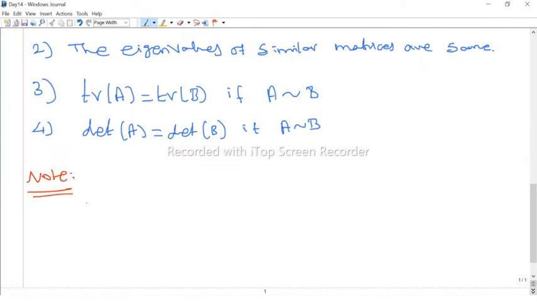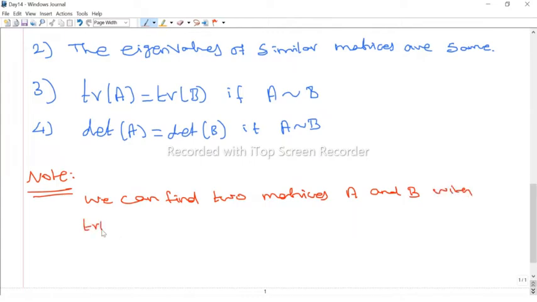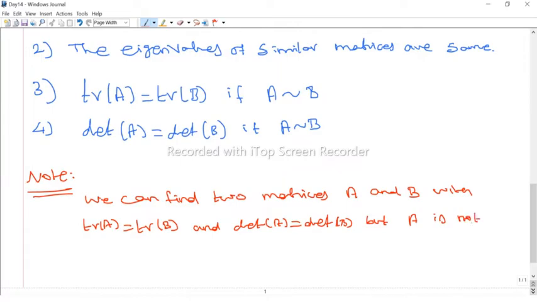Note, we can find two matrices A and B with the trace of A equal to the trace of B and the determinant of A equal to the determinant of B, but A is not similar to B. If A and B are similar, then the trace and determinants are equal, but the converse need not be true.